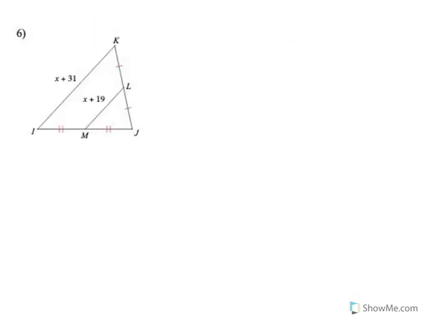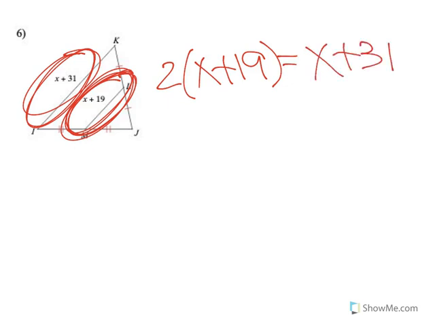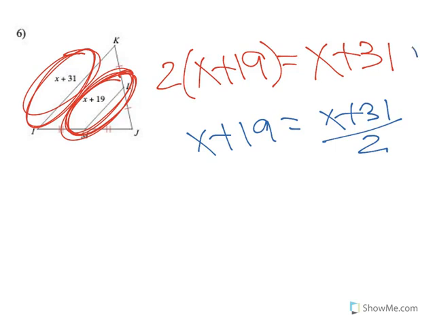So again, we've got our midsegment, and then we've got our third side. And if we do 2 of those, we get that. So we're going to do 2 times x plus 19 equals x plus 31. And again, I think it's just better math, because if we did x plus 19 equals x plus 31 over 2, we would just end up here anyway.